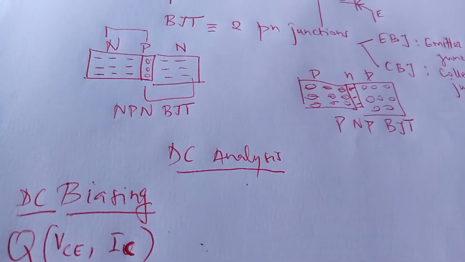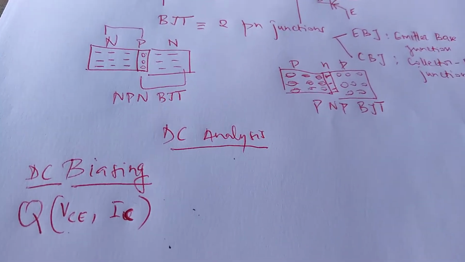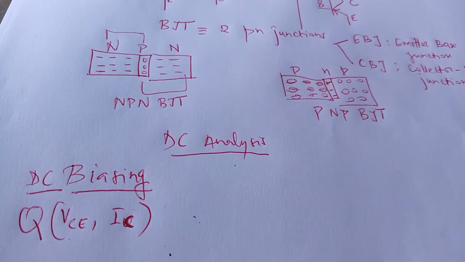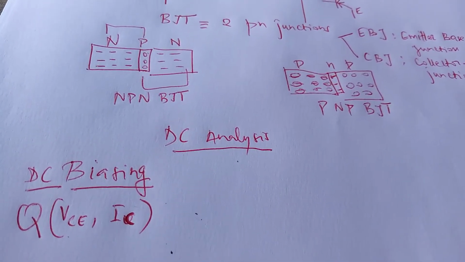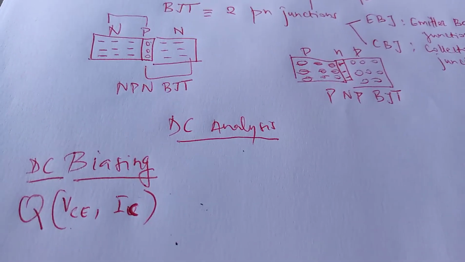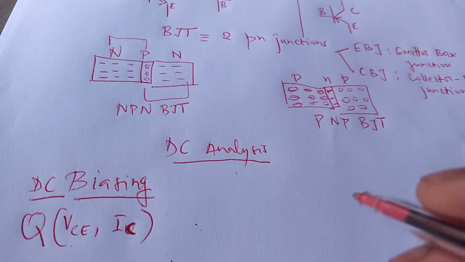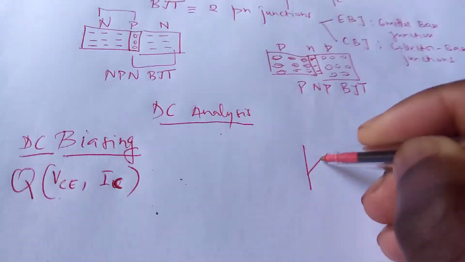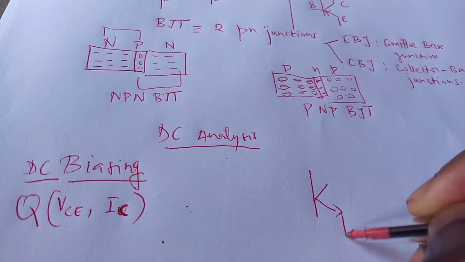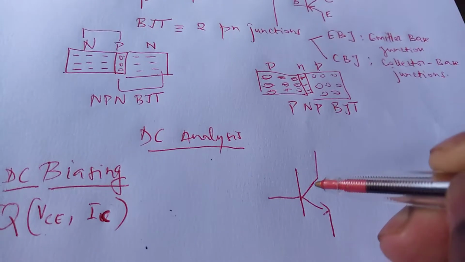Now there are many methods of biasing NPN or PNP transistors that you've learned in Electronics 1. We will not go back onto that, and I highly encourage you to revise that. But we're just going to go into some basics when it comes to the different current flows and voltages in a transistor.